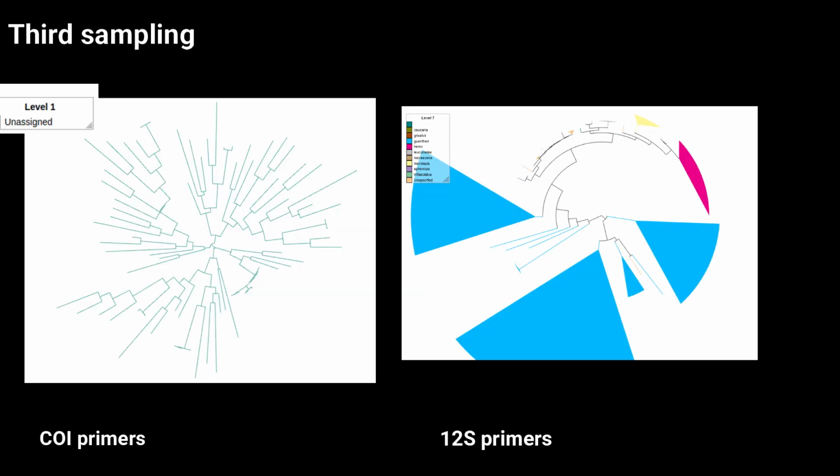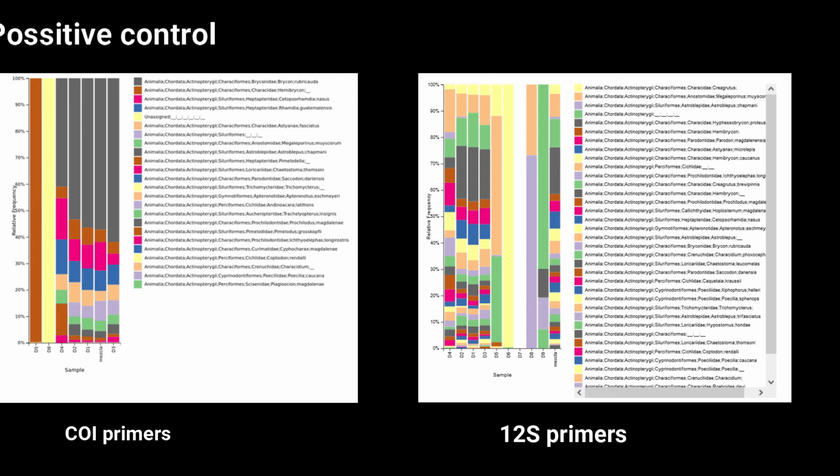With environmental phylogenies, it's clear that the rescued diversity for the COI primers isn't the best to identify fish in environmental samples. Lastly, we did a positive control, and again the 12S primers had a better performance, finding 40 fish, while the COI primers could find 22.